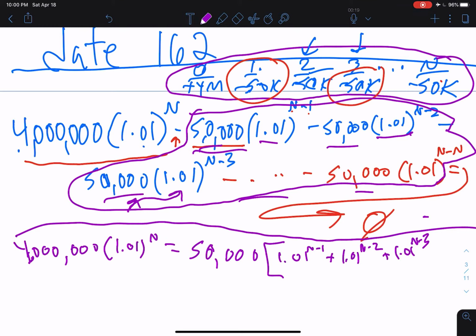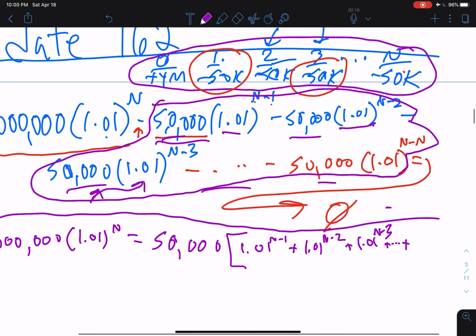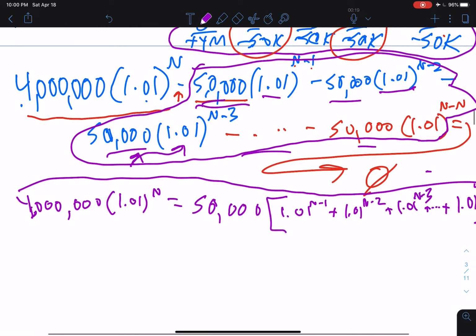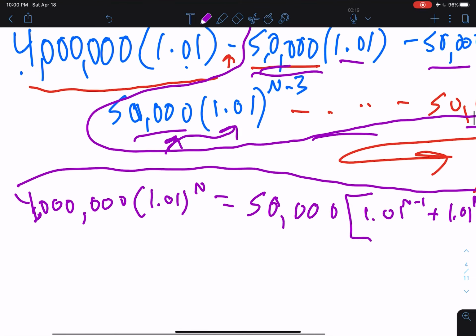And then plus dot dot dot plus. And then the last term will be 1.01 to the n minus n, which is 0. And now I have this neat equation. Look at this equation here.